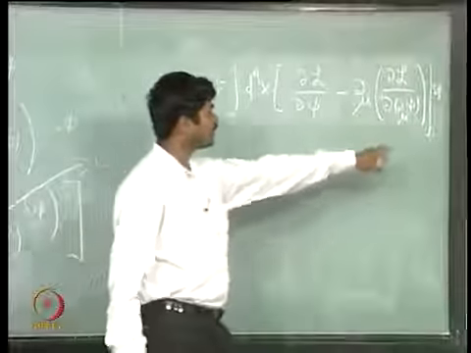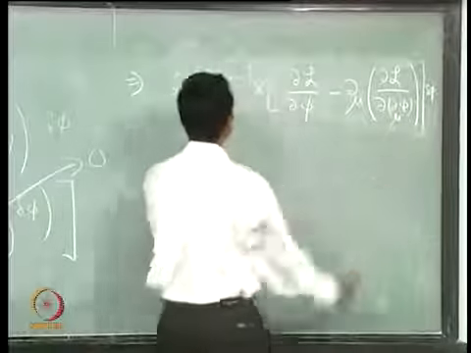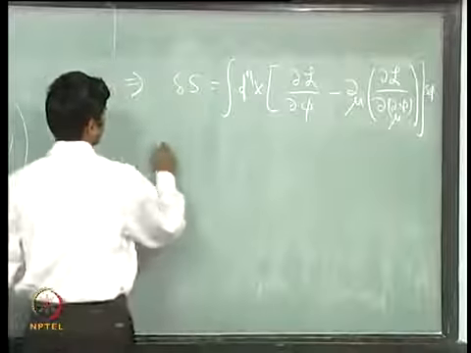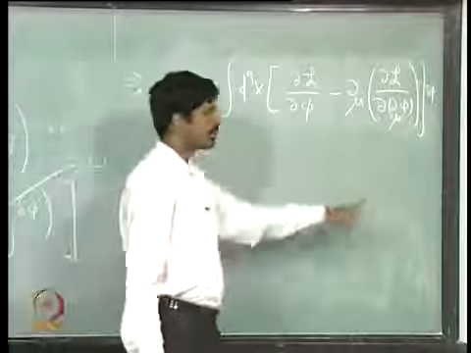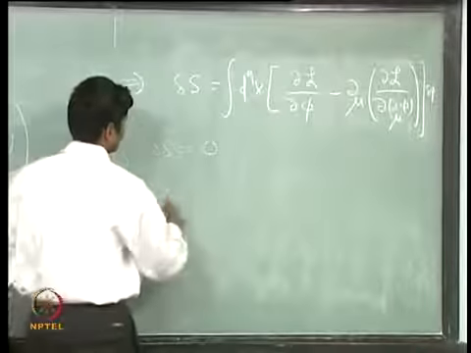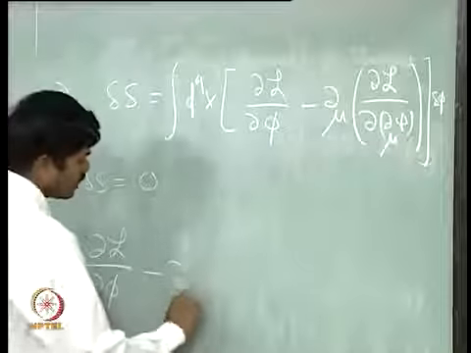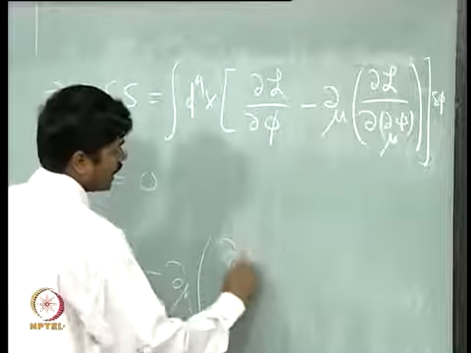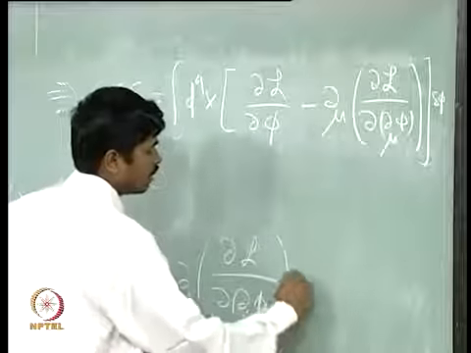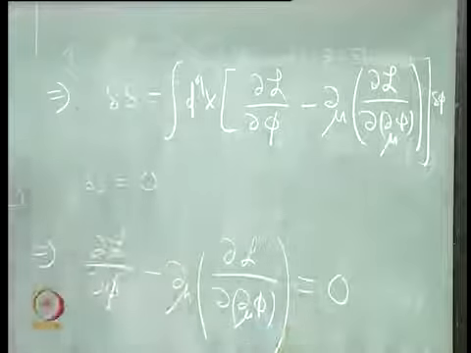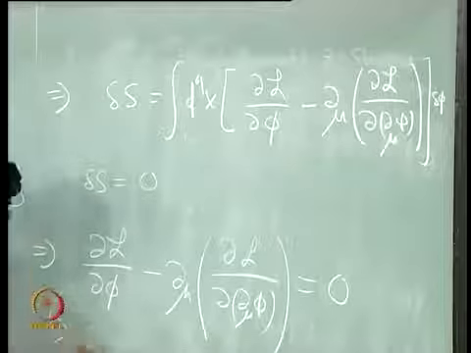However, delta phi is arbitrary. Therefore, if delta S is equal to 0, then the integrand must be 0. So, this implies del L over del phi minus del mu of (del L over del mu phi) is equal to 0. This is our Euler-Lagrange equation of motion.